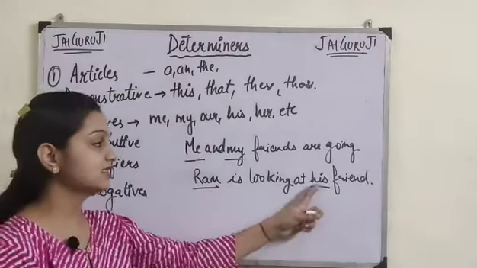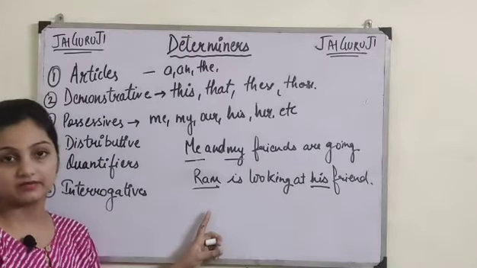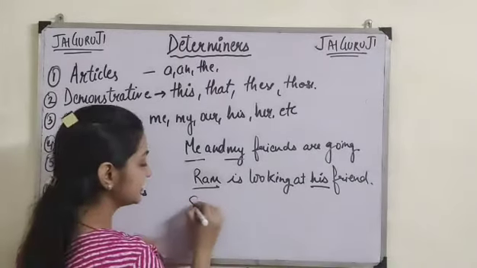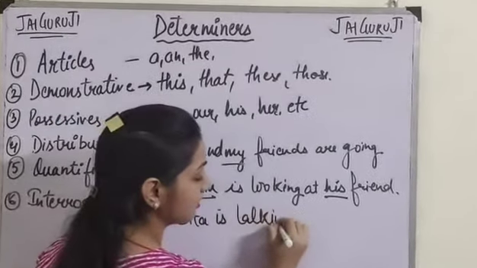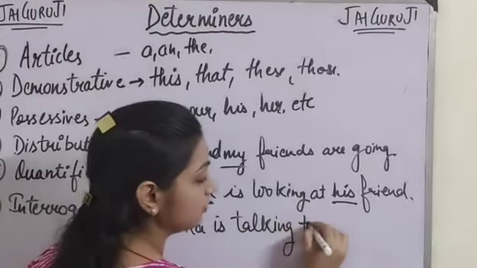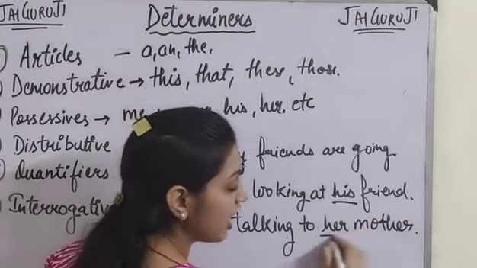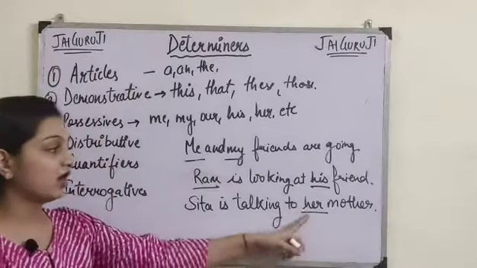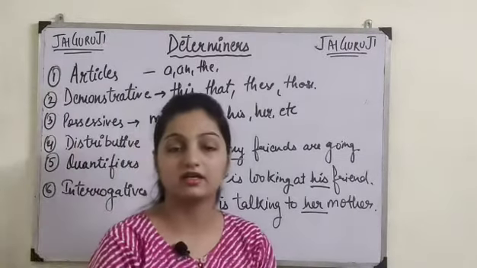His friend means it is specifying the noun only. ये राम को ही specify कर रहा है. If I'll say Sita is talking to her mother, तो basically वो अपनी mother से बात कर रही है. तो her इसमें हो गया possessive determiner. Means she is talking to her mother.